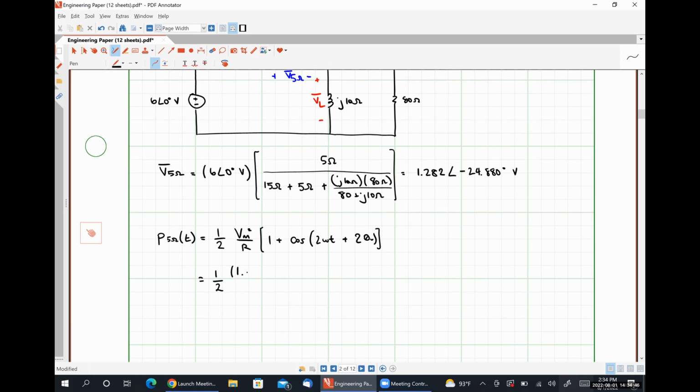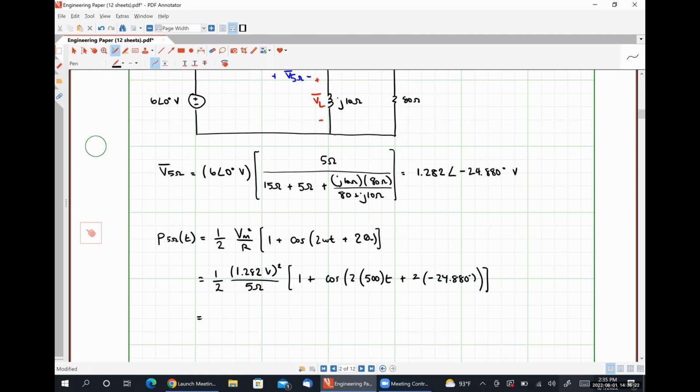Our voltage here is 1.282 volts squared divided by our resistor value. And we multiply this by 1 plus the cosine of twice 500t plus twice negative 24.880 degrees. And I need one more close parentheses like so.